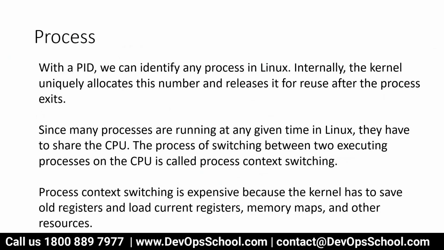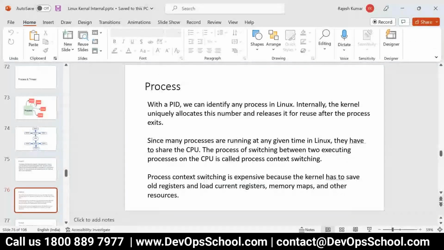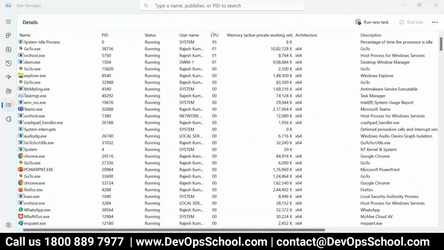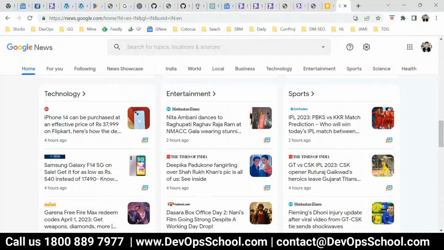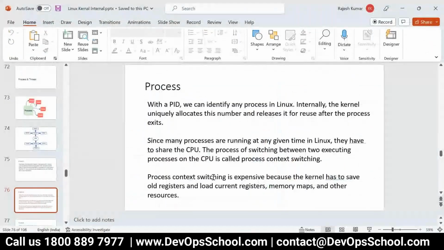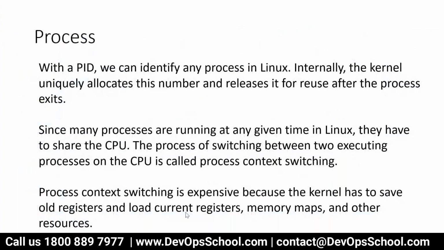I am using PPT and then I am using the browser. Now the kernel has to store the state of my browser, and then store the state of my PPT. So while switching the CPU from one process to another, there is overhead. It is expensive because the kernel has to save old registers and load current registers, memory maps and other resources.